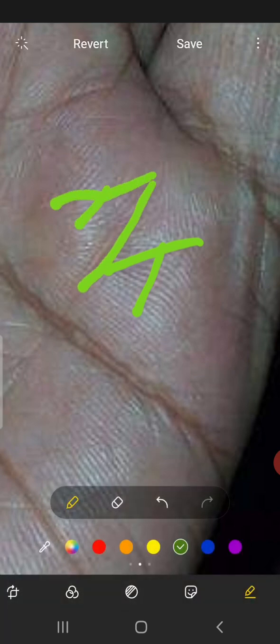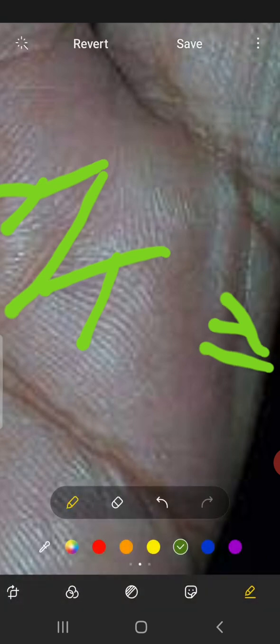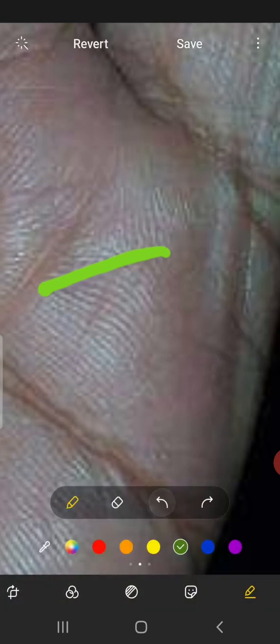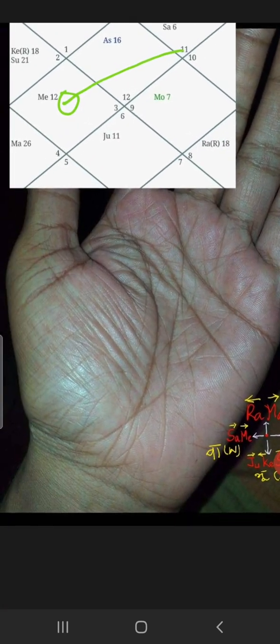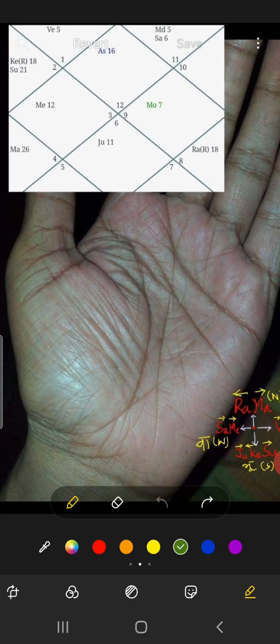Whenever such lines come on the Mercury mount, and you can see that these lines are also kind of forked, we have to look at the chart carefully to see if there is any vakri graha that is influencing the Mercury. Here from the chart I don't see anything like that. Nothing, absolutely nothing, so what could be the graha that is influencing Mercury?